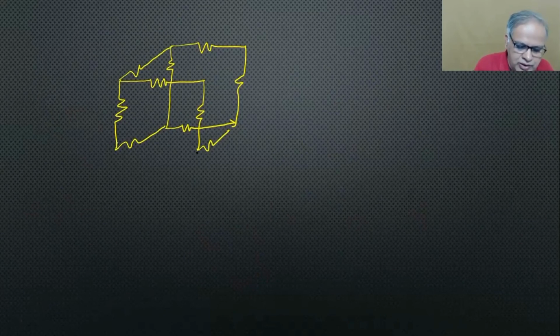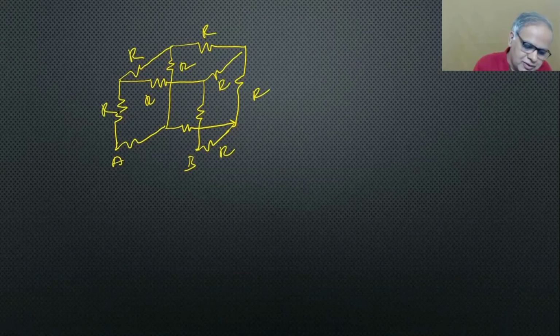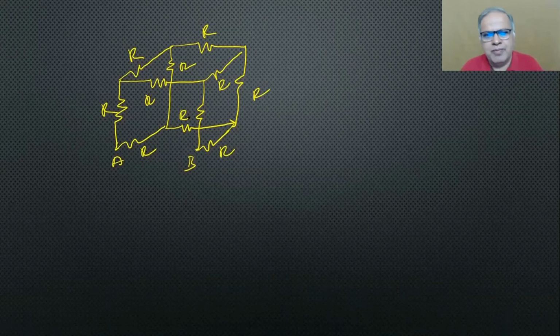Okay. Now get your answer in one go. What did we do compared to the previous question? We simply have no resistance here between A and B. So everything else remains the same.